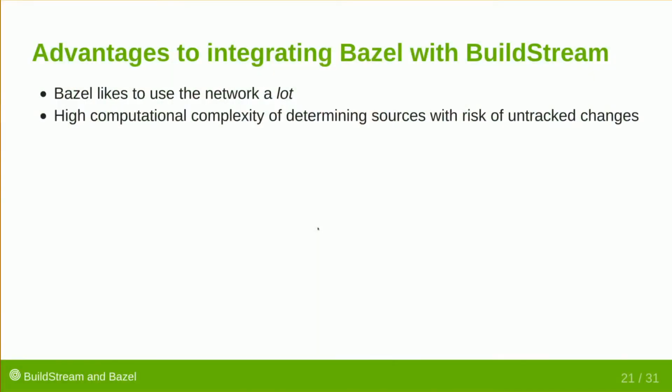There can be quite a high computational complexity of determining the sources associated without risking untracked changes. So when preparing the plugins for BuildStream, we needed to determine all the inputs that are required for a Bazel build. So there's workspace, there's Bazel RC, there's extra command line arguments. It gets to be quite a pain.